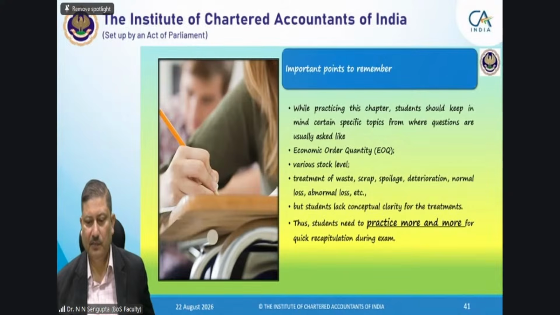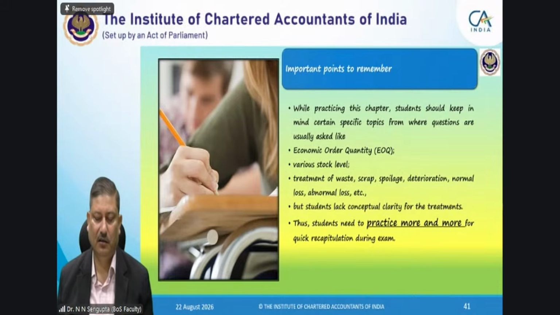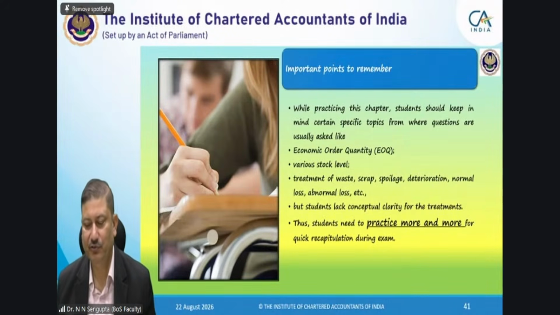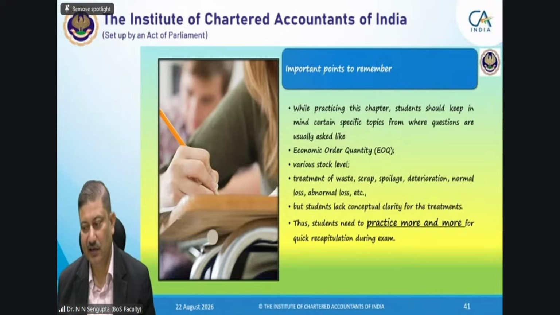Now, what are the points you can remember in this particular part? While practicing the chapter, you should keep in mind certain specific topics from where questions are usually asked. These are where you can practice the questions a little more, but all the topics are important.